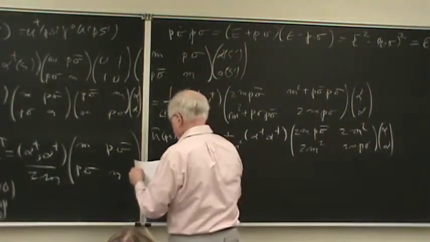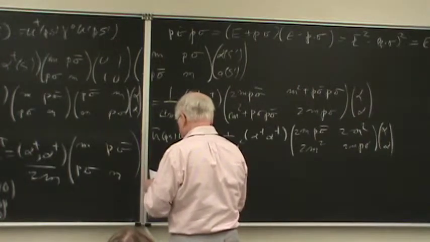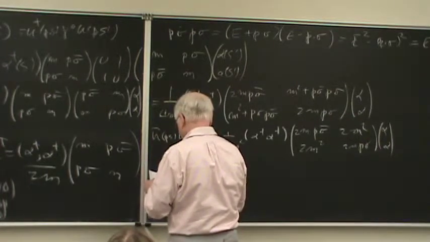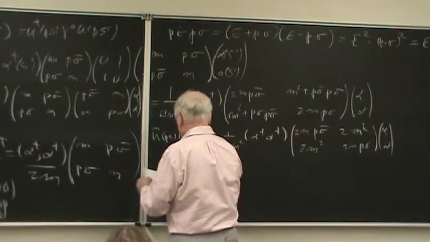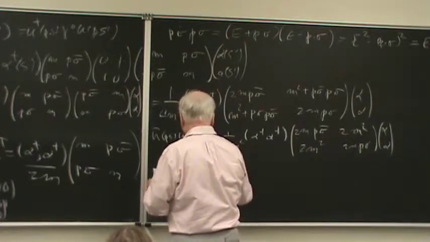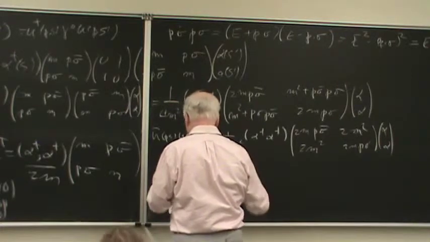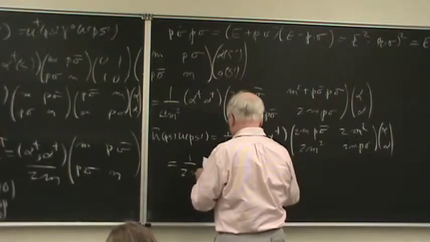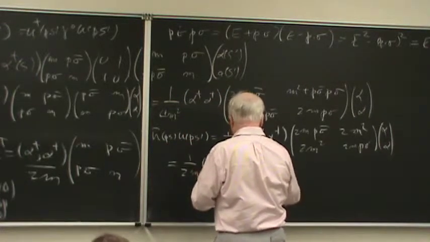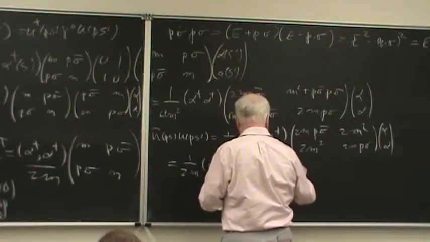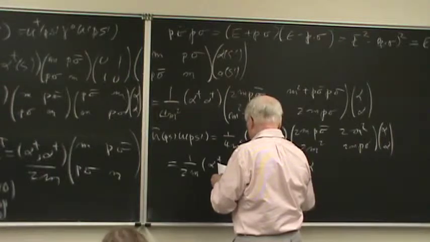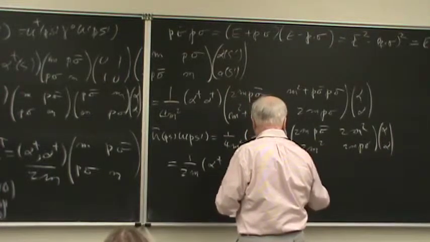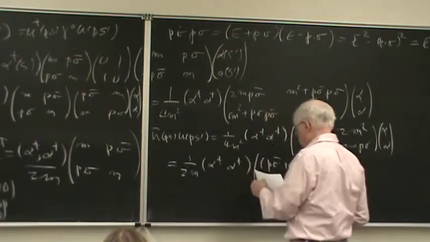And let me just skip one line. We get 1 over 2m alpha dagger. And now as a 2-vector, this is p sigma bar plus m alpha, p sigma plus m alpha.